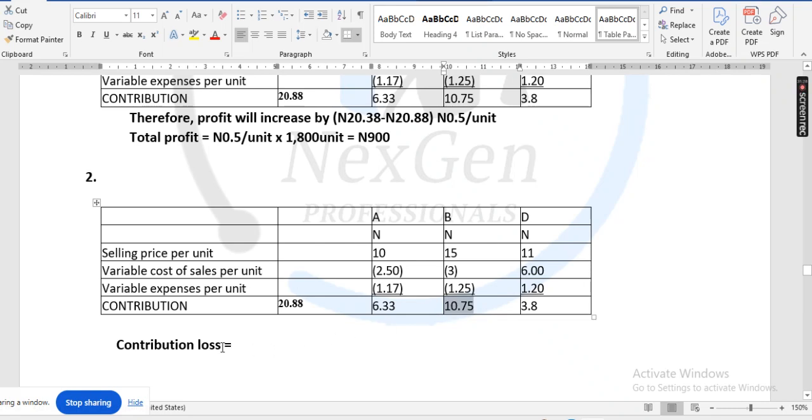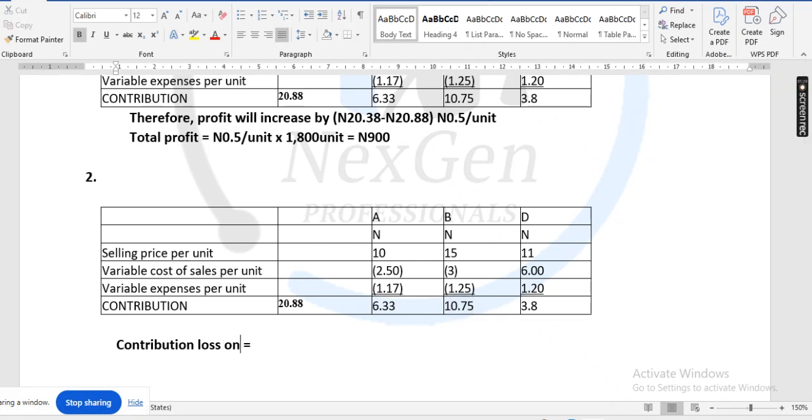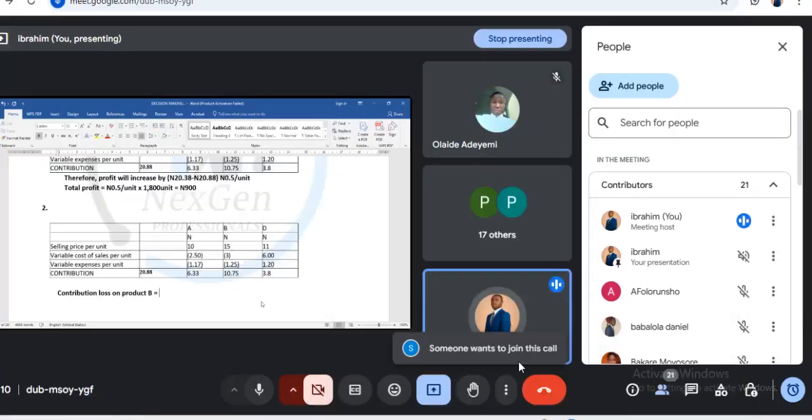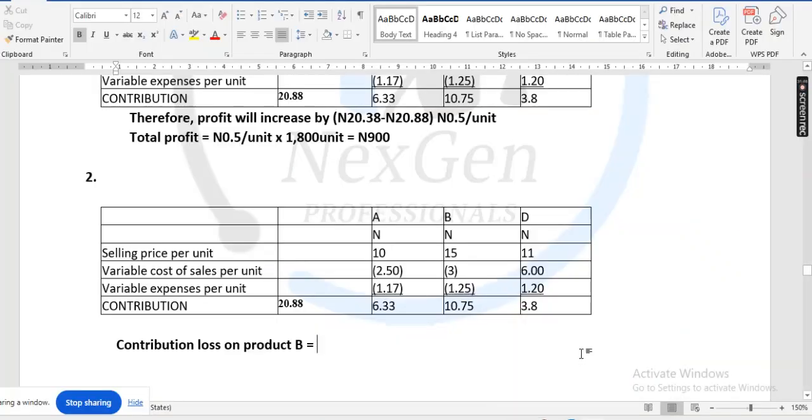Contribution loss on product B. I think this is the best approach. Class, this is PM for you. You just have to look at the smart way to do questions so that you will not end up repeating all those things, right? There are two approaches to this question, like I said.